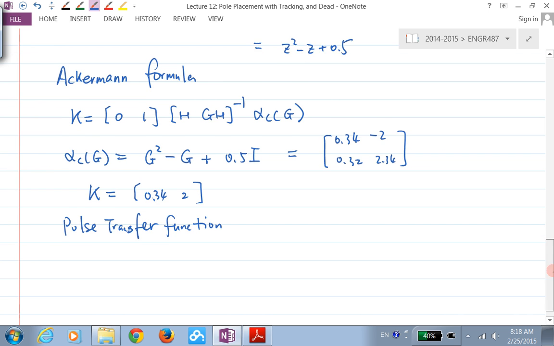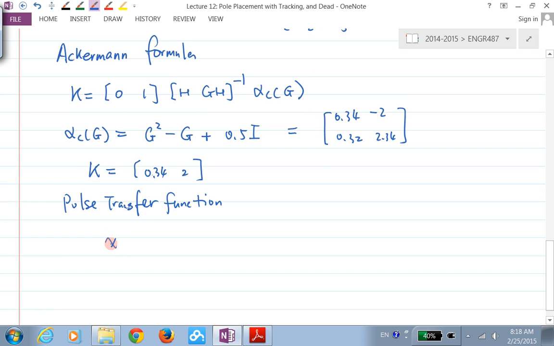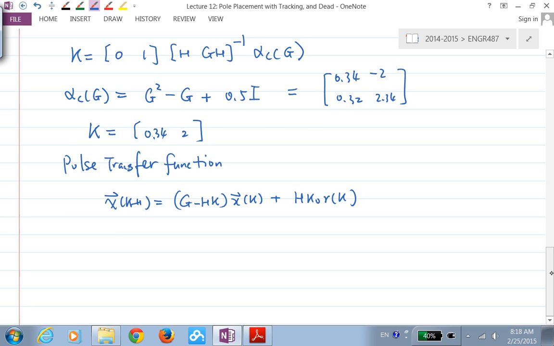Again, the closed loop system is this. This is a closed loop system, right? And you also have your y of k here equal to c x of k.